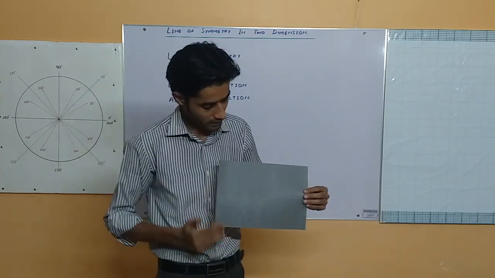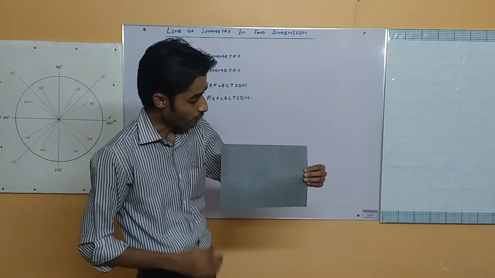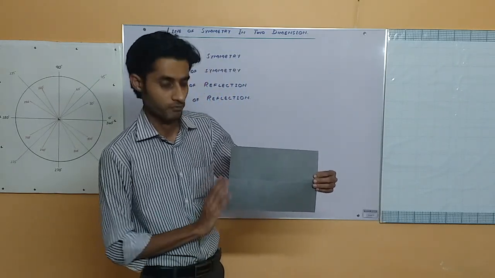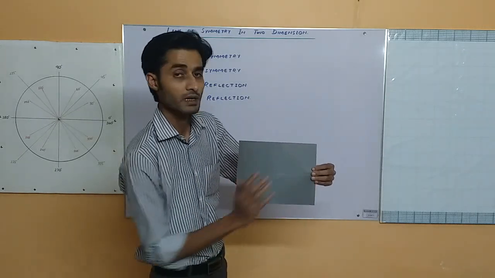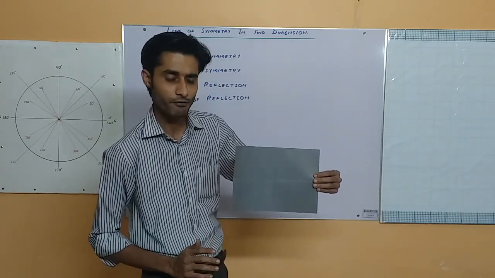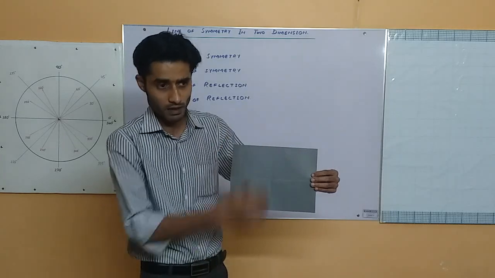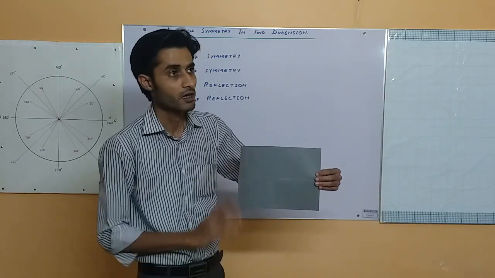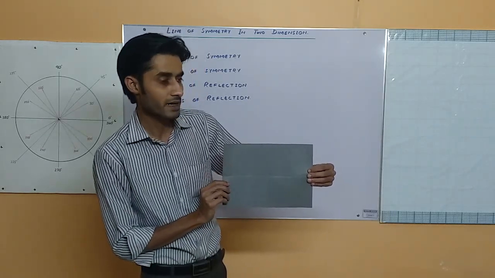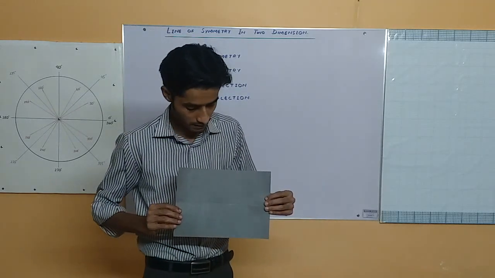For instance, this is a rectangle, I want to fold it this side on the other side. So I need to make sure that I am folding it along a line which makes sure that one side is covering the other side completely.